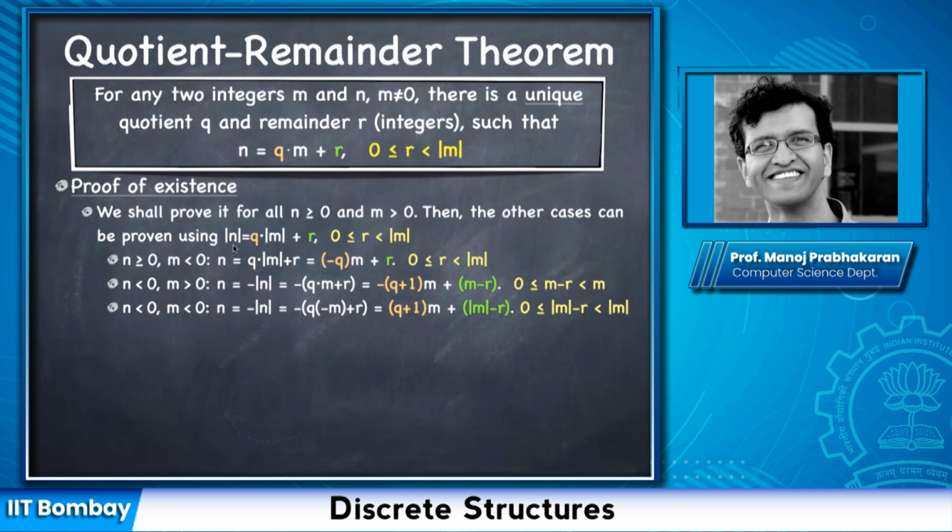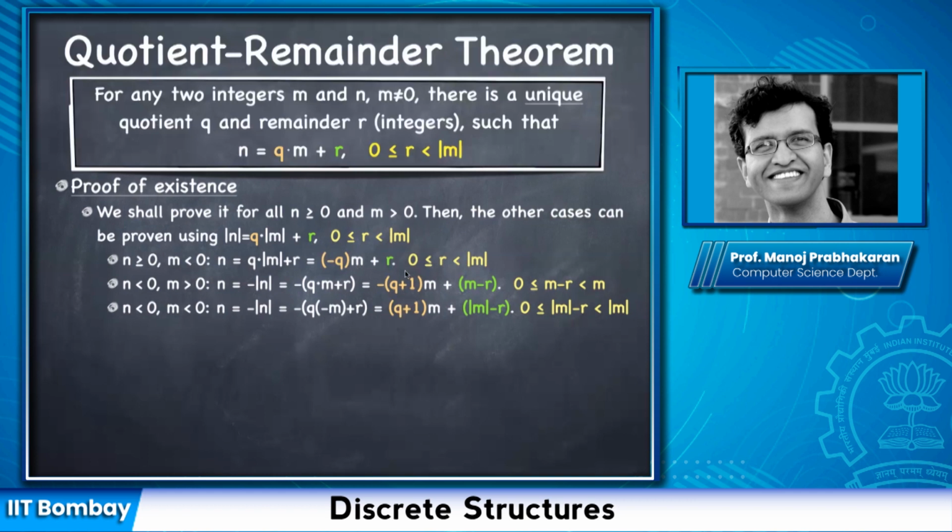Just apply the theorem to the absolute value of m, which is minus m, and you can write n as q times minus m plus r. But q times minus m is the same as minus q times m plus r, and r here is indeed something that satisfies the condition that it's between 0 and the absolute value of m minus 1.